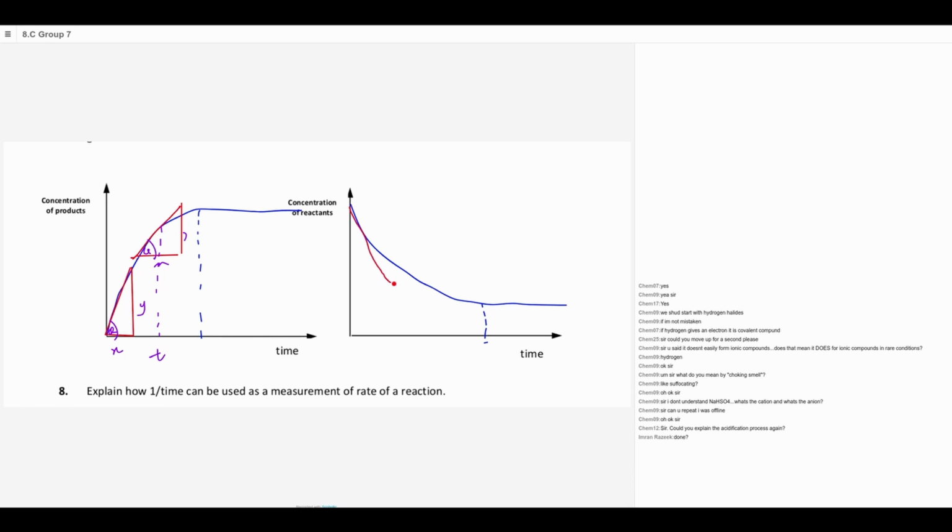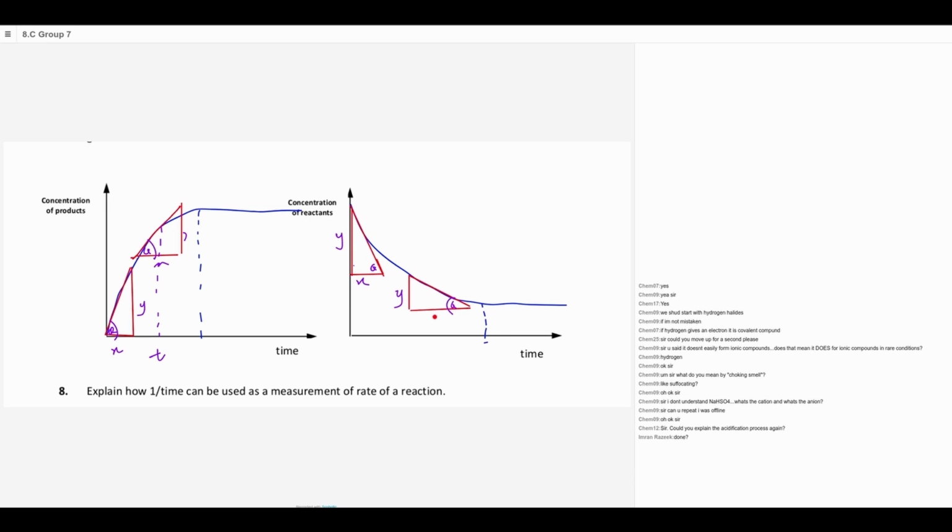Likewise, with respect to the products. You can find the initial rate by this method, drawing the tangent there and finding the gradient, or you can find the rate at time t. This is again the y distance over the x distance.